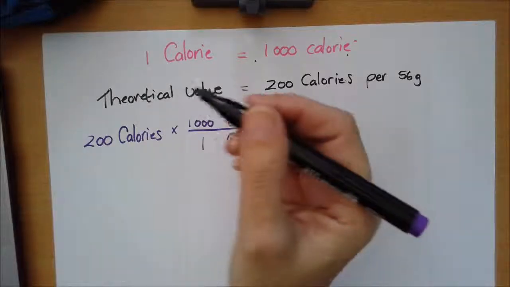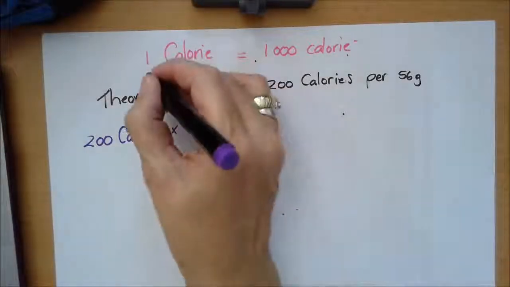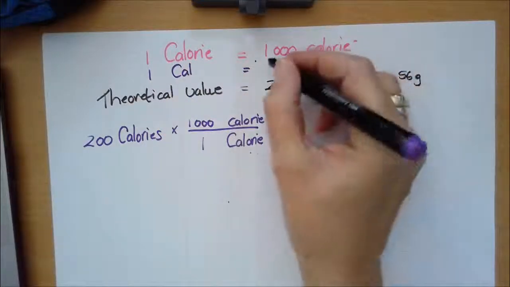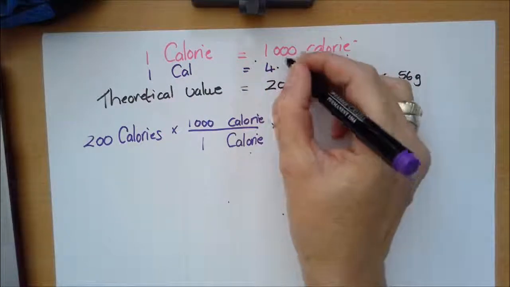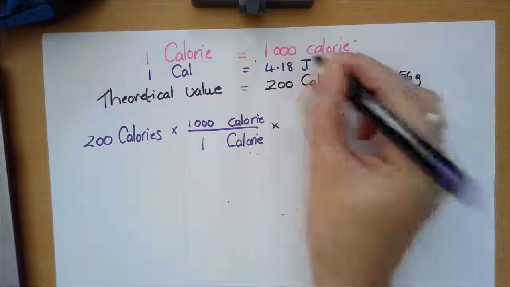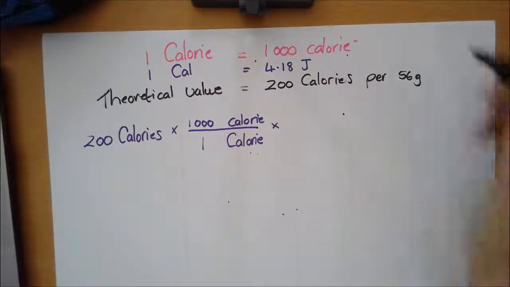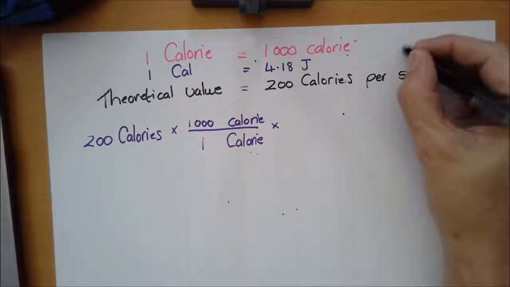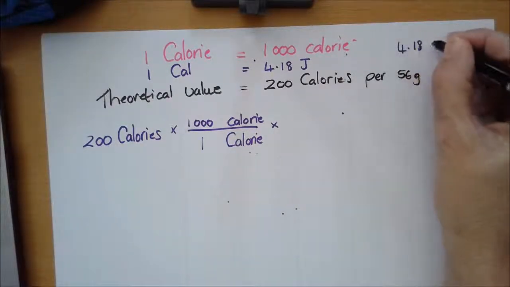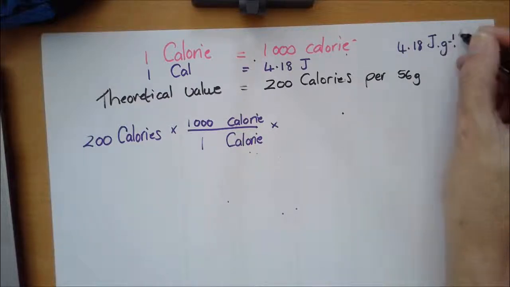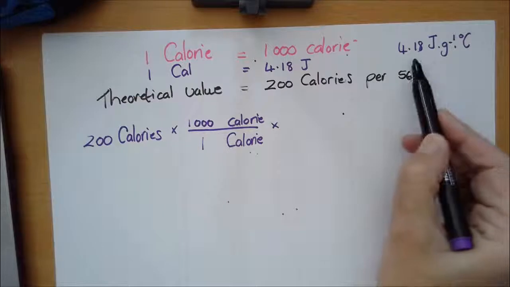So we know that 1 calorie is equal to 4.18 joules of energy. Because according to the specific heat capacity of water, you have 4.18 joules per gram per degree Celsius. That's where I get it from.